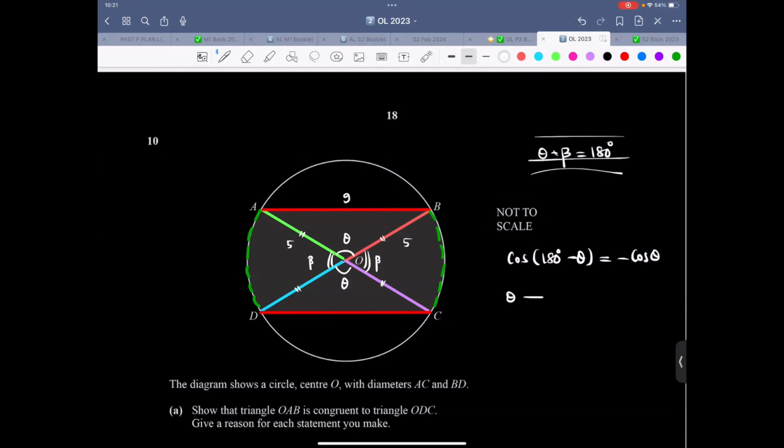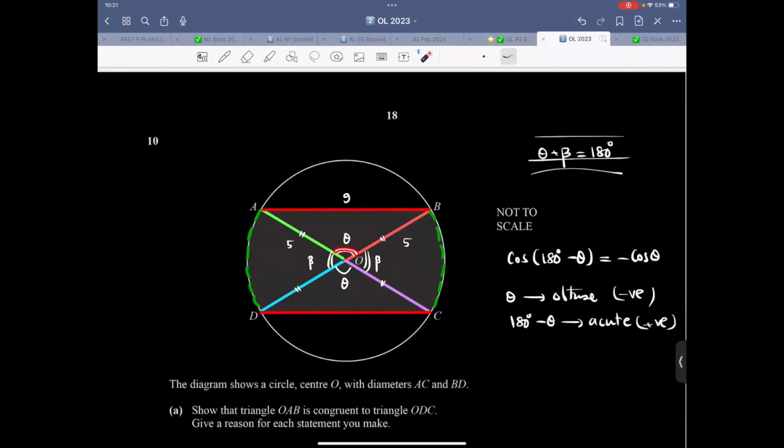That means if theta is obtuse and 180 minus theta is acute, the cosine is negative for one and positive for the other, and we can make them equal by multiplying one of them by a negative sign.